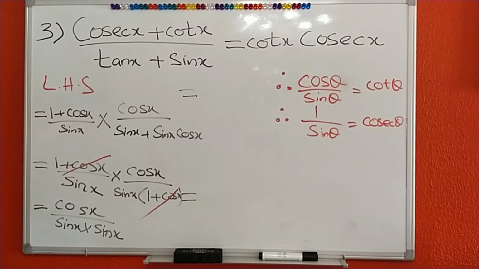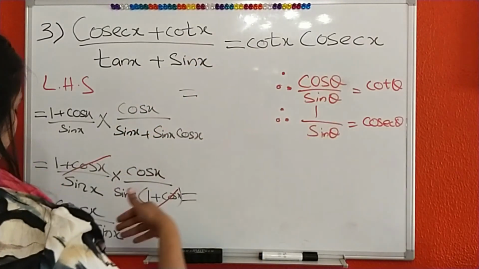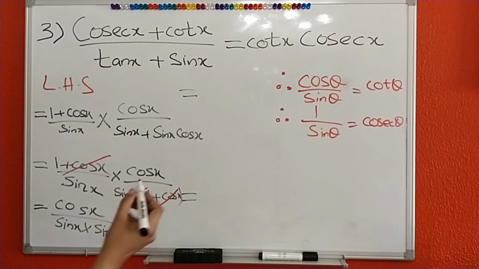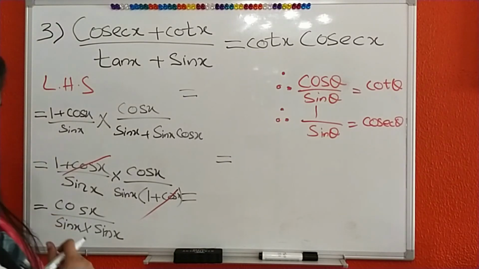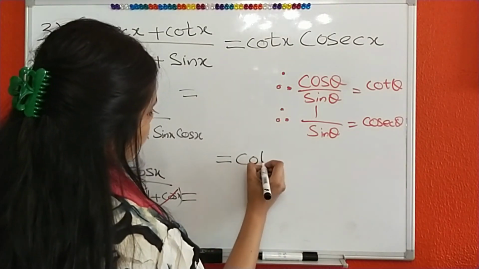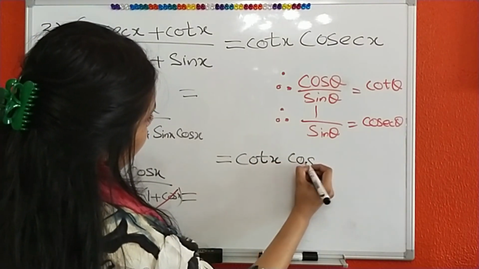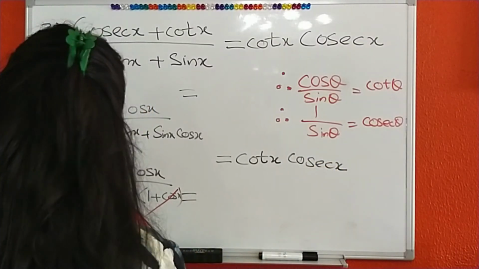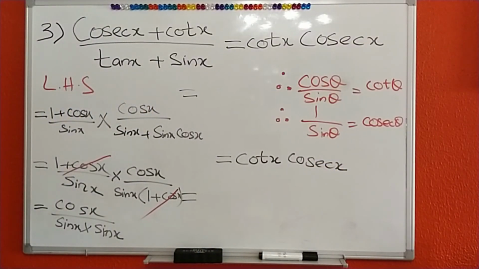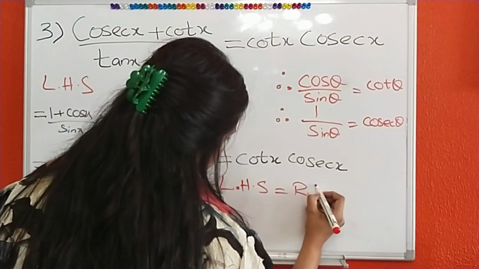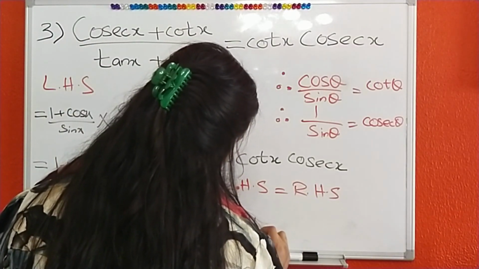I am just using these two identities here. This is the quotient identity and this is the reciprocal identity. So cos over sin is cot x, and we are left with 1 over sin, and 1 over sin is cosec x. So you can see how I have converted the left hand side into the right hand side. Now you can write here left hand side is equal to right hand side, and verified.